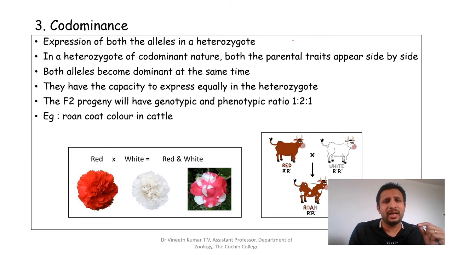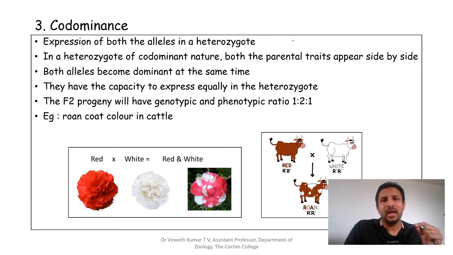In the previous example of incomplete dominance, we saw that only the wild type allele is being expressed, and the expression of the wild type allele depends upon the dose, and that dose determines what phenotype it produces, which is an intermediate between the two homozygous parents, homozygous wild and homozygous mutant. But here codominant means both alleles of the parents become dominant at the same time in the heterozygote.